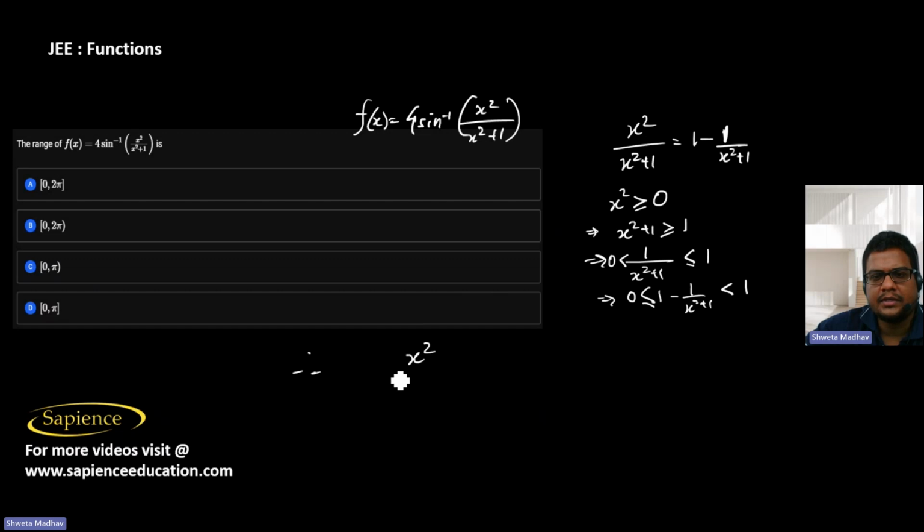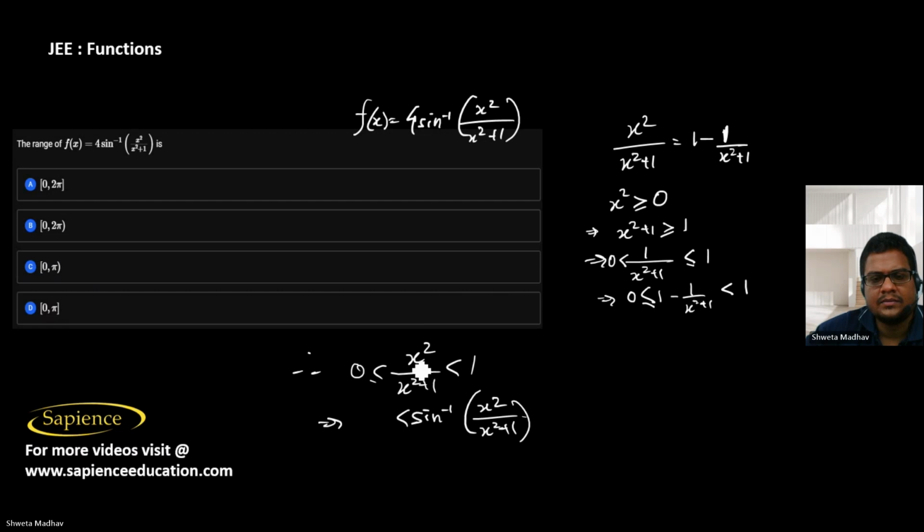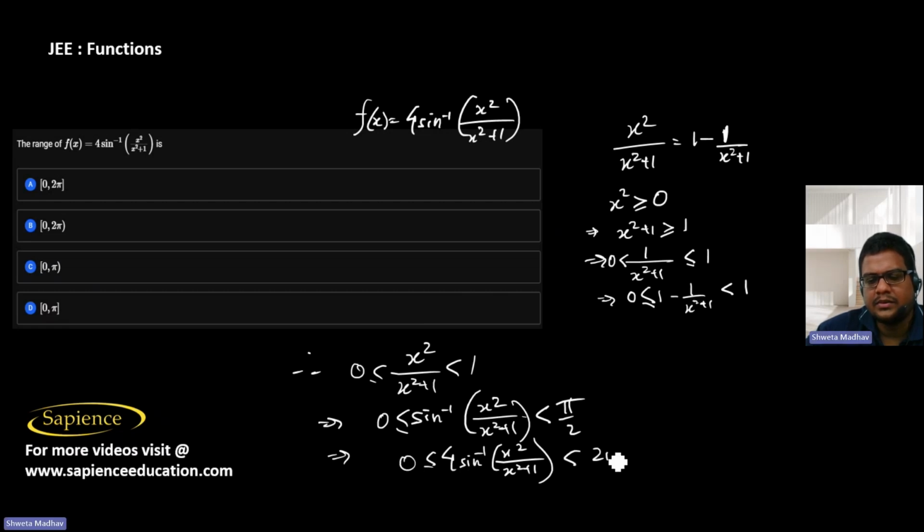So therefore x square by x square plus 1 value is going from 0 to 1. Now if I apply sine inverse, sine inverse of x square by x square plus 1 will go from 0 to pi by 2. Sine inverse 1 is pi by 2. Sine inverse 0 is 0. Then 4 into sine inverse x square by x square plus 1 will go from 0 to 2 pi.